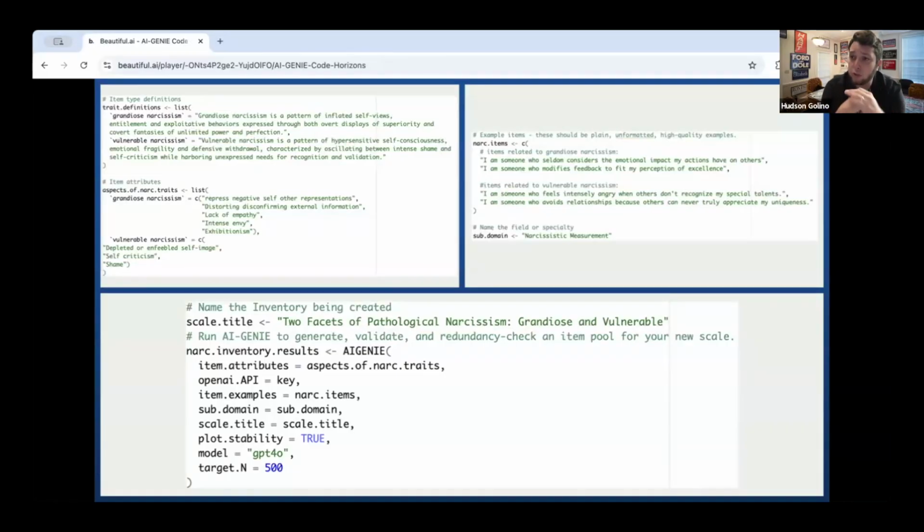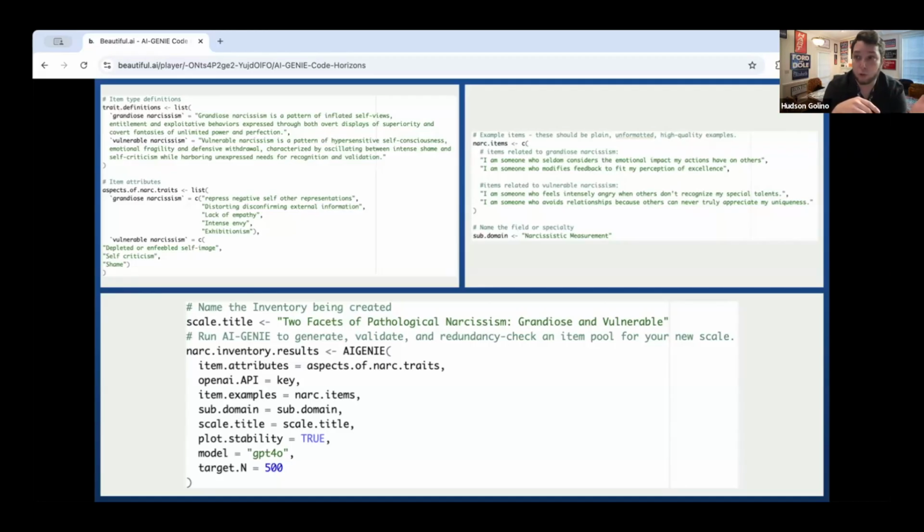For each one of these constructs, for each one of these dimensions, we'll have different attributes. We'll be talking more about that later on Thursday, but the attributes are basically the first order factors or first order communities of your instrument.